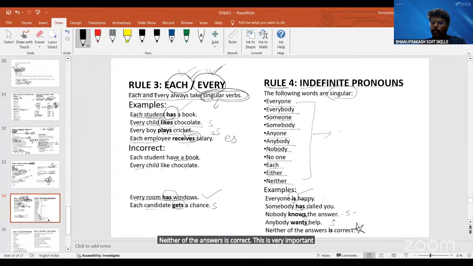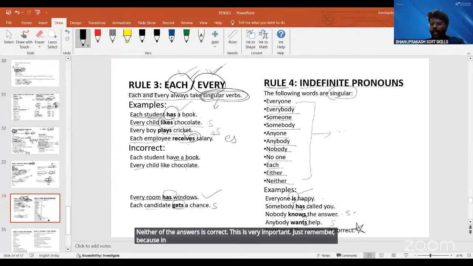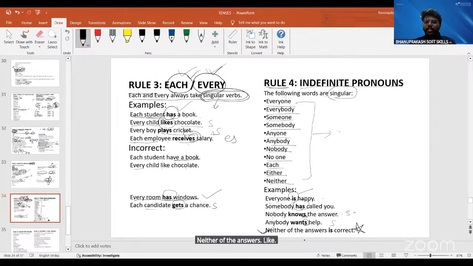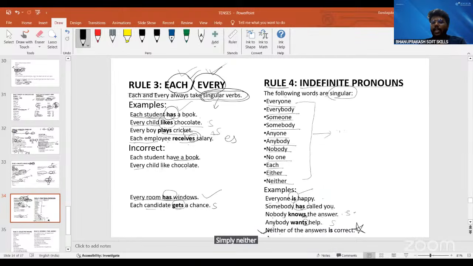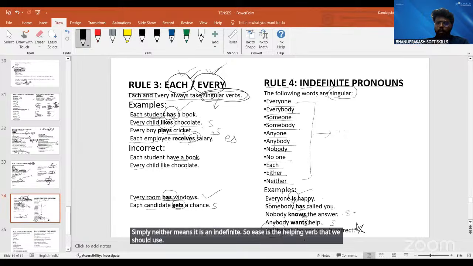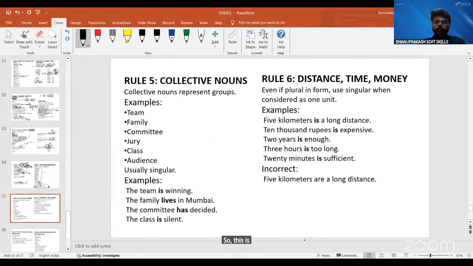Just remember, because in class tests and error bits, we will get this kind of sentence very commonly. Like we get stuck with options, whether it is "neither of the answers is correct" or "neither of the answers are correct." Simply, neither is an indefinite pronoun, so "is" is the helping verb that we should use. So this is rule 4.